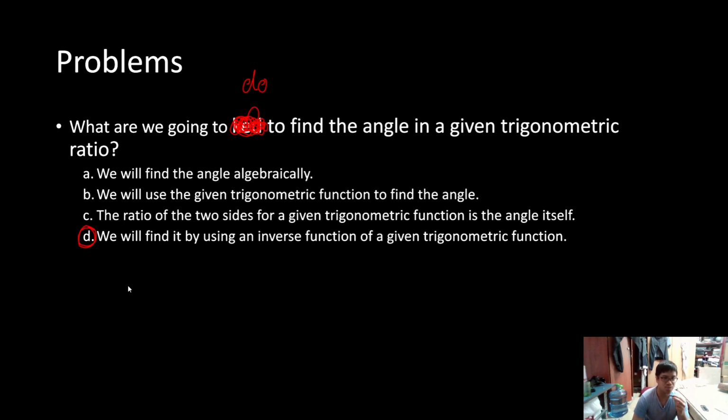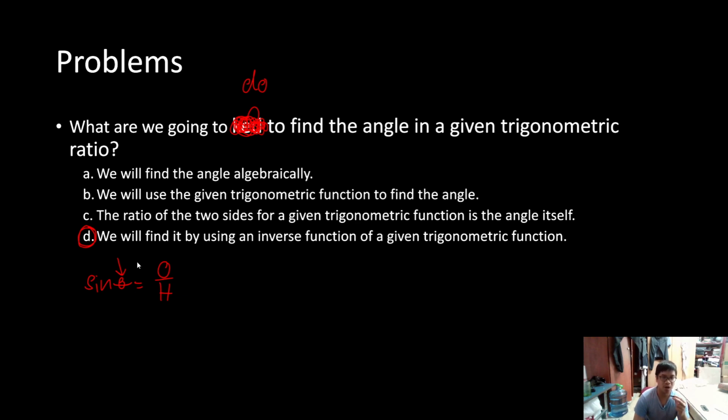Letter D. Suppose we have a given trigonometric ratio of sine theta is equal to opposite all over hypotenuse, and you want to find this angle. Now, number one, you can't do it algebraically. It's impossible, right?